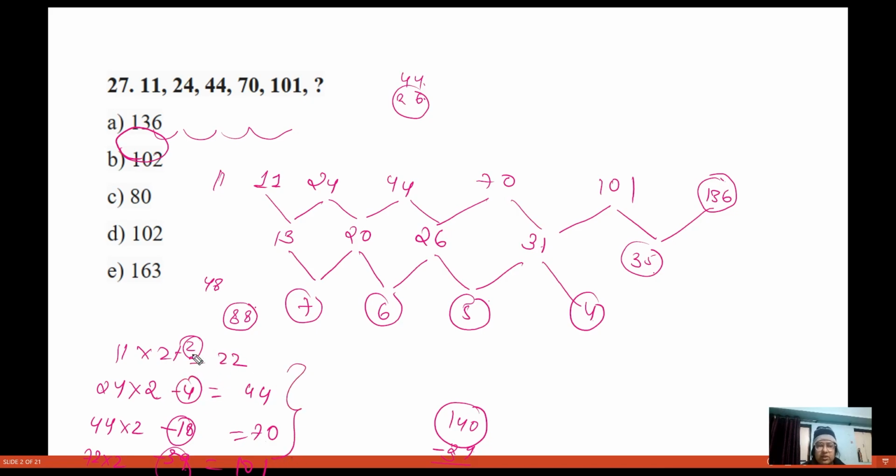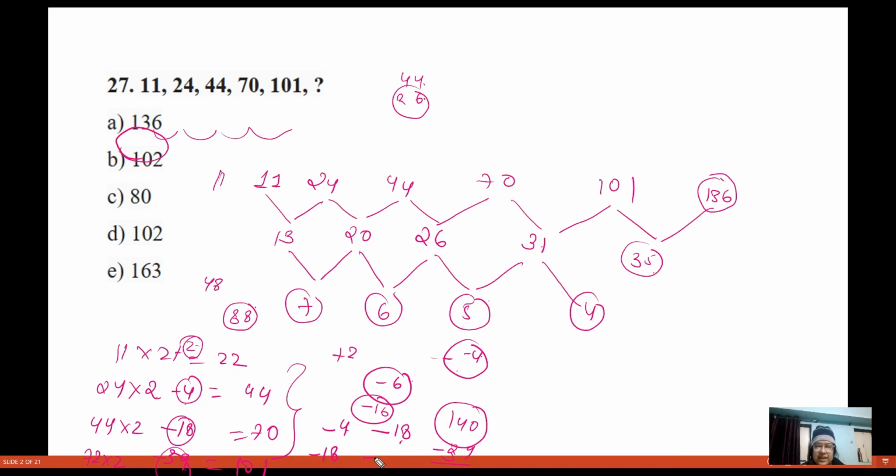We didn't get anything. The adjustments are plus 2, then minus 4. Plus 2 to minus 4 is minus 6. Then from minus 4 to minus 18, it is minus 16.